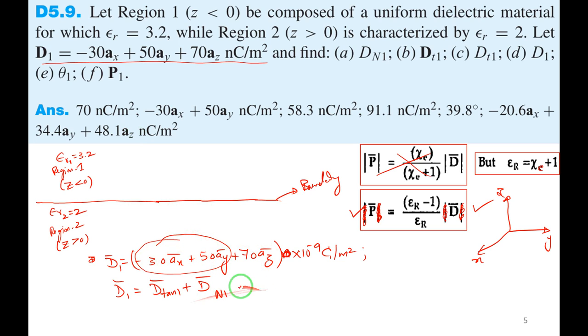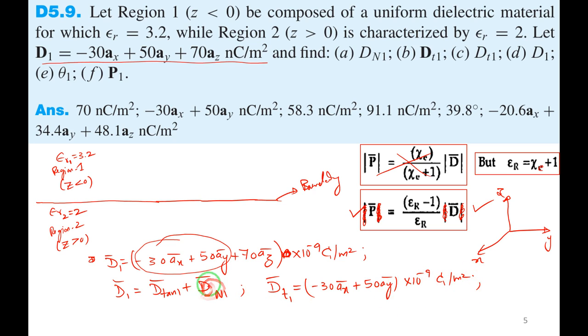So the tangential component Dt1 is minus 30 ax plus 50 ay into 10 power minus 9 coulomb per meter square.